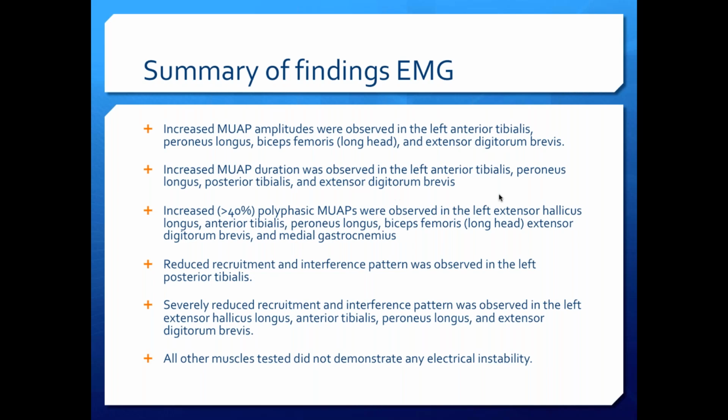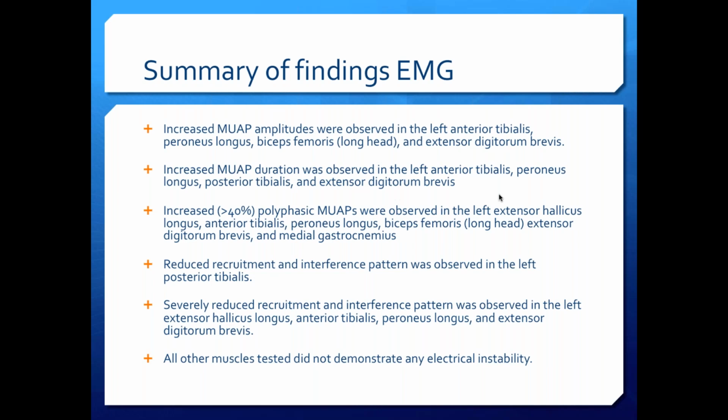We had increased duration in a few of the muscles. The pattern of abnormality is not within a particular nerve, because there are muscles innervated by the peroneal nerve and muscles innervated by the tibial nerve, so we can't use that as a qualification.